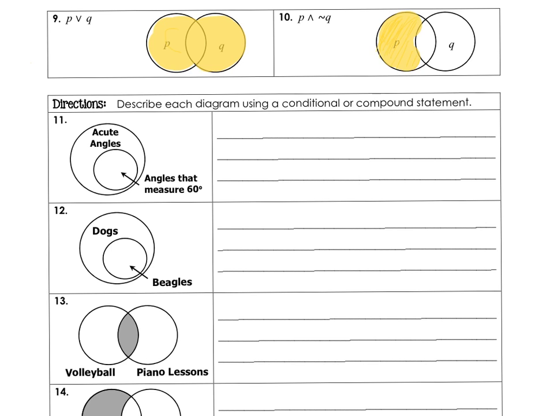So next, describe each diagram using a conditional or compound. Remember, conditional is if-then, compound is and. So number 11, acute angles that measure 60 are always acute angles. So if I use a conditional statement, I say if an angle measures 60 degrees, then it is an acute angle.